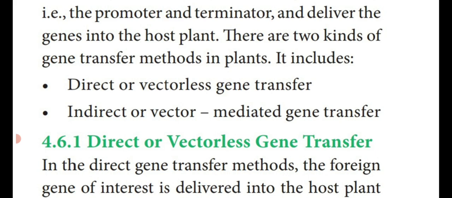Next one, indirect or vector mediated gene transfer. That means indirectly a vector or a plasmid carries the rDNA from one organism and inserts it into another organism. That is indirect or vector mediated gene transfer.